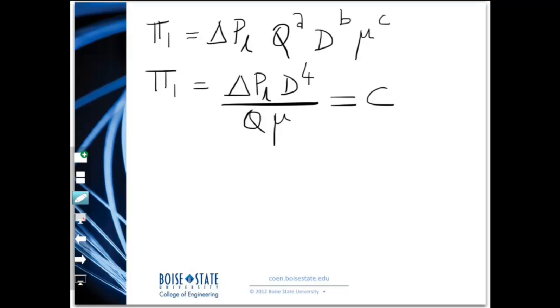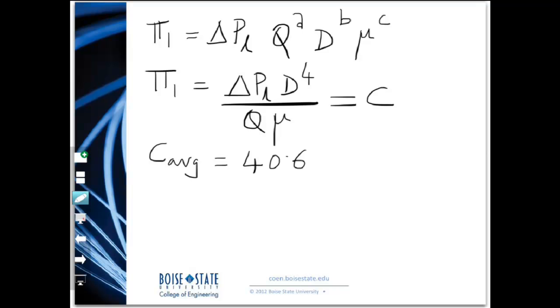I get 5 different C values. And I took an average of those and I got 40.6.